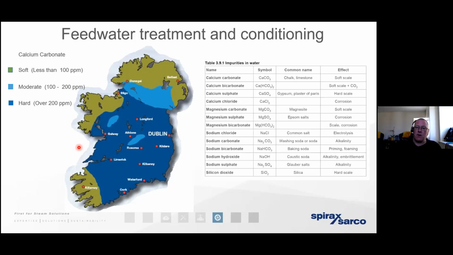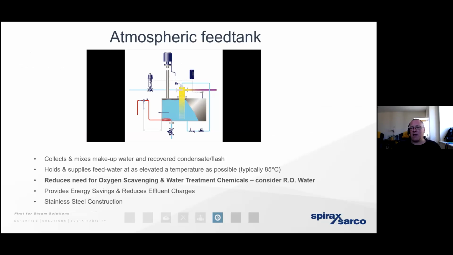And perhaps the next most important component to ensure that we're getting an accurate and reliable generation of steam in the energy center and an excellent condition of steam for the process is what we refer to as the hot well or the atmospheric deaerator.